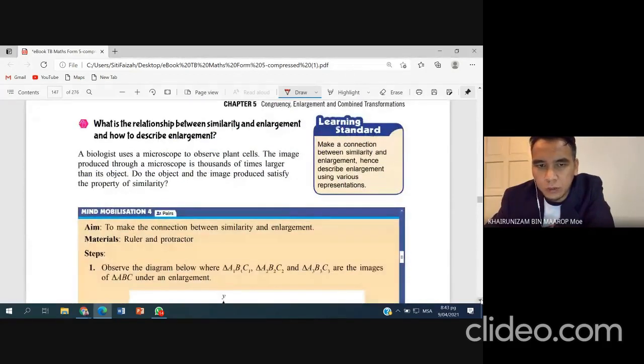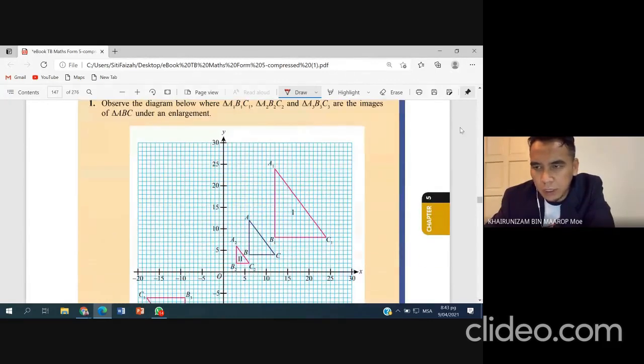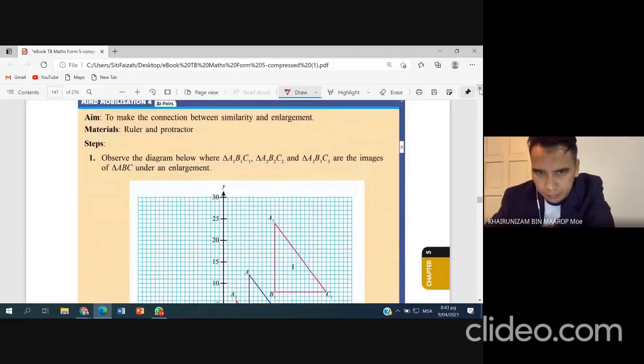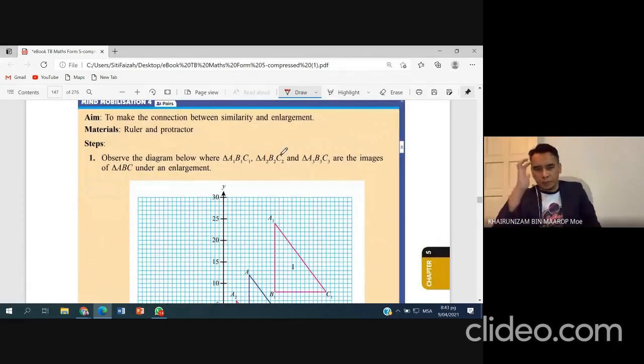Okay, we proceed to the relationship between similarity and enlargement and how to describe enlargement. We just proceed to this activity. Okay, this one we want to make the connection between similarity and enlargement.